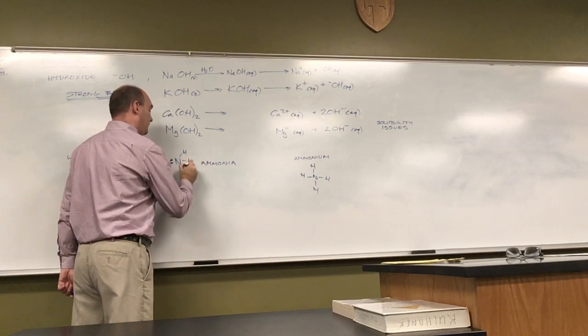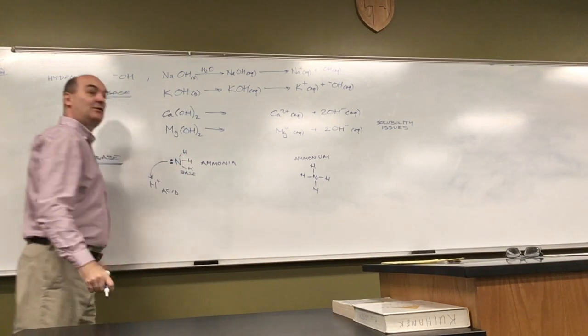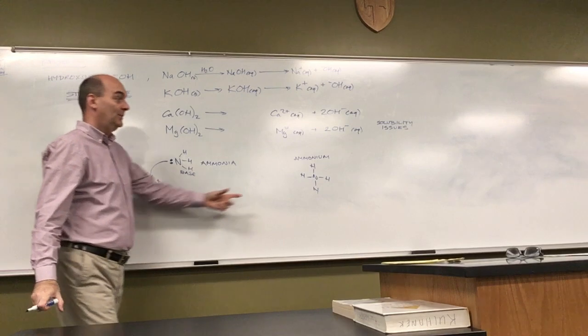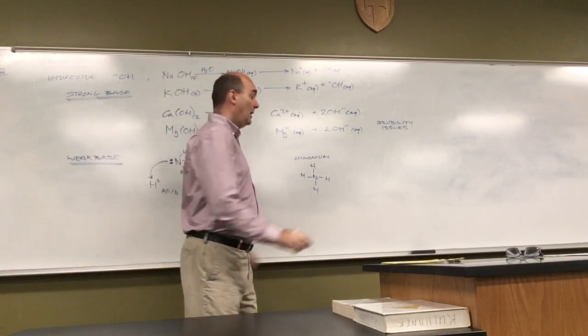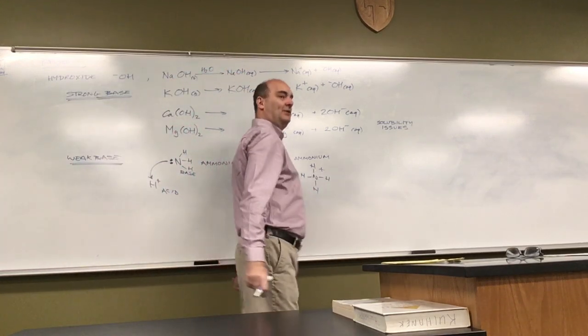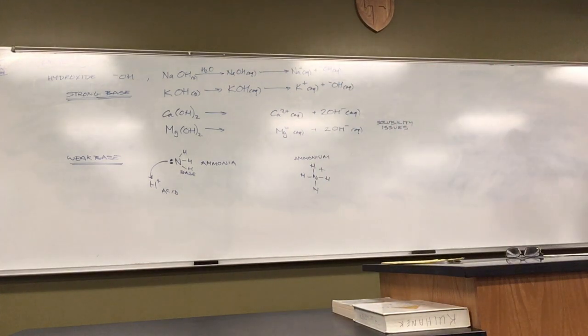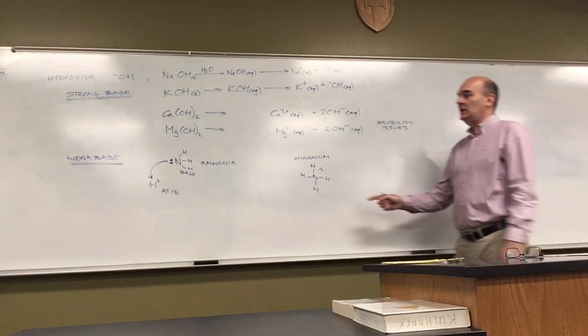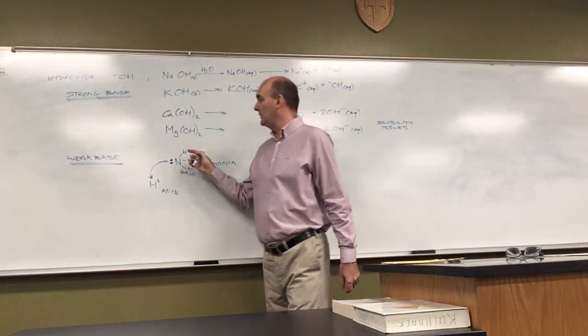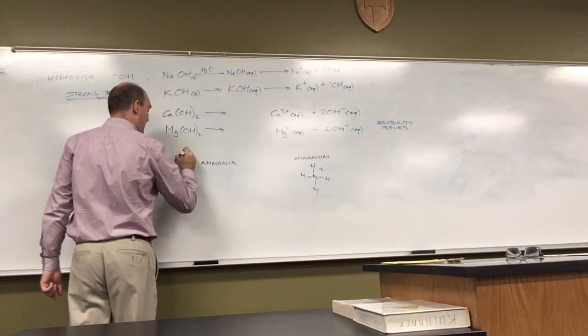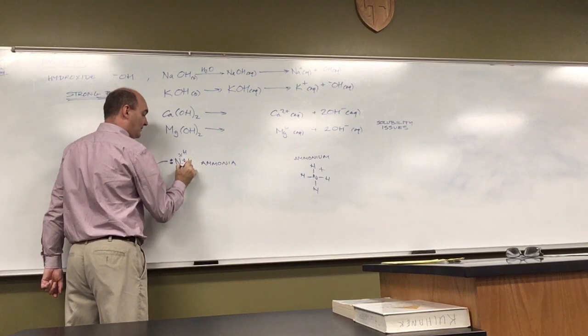And we go from being a trigonal pyramid to being a tetrahedron. And somewhere in there there's a positive charge. These 3 are covalent bonds. If we draw the Lewis structure in, they have dots there.